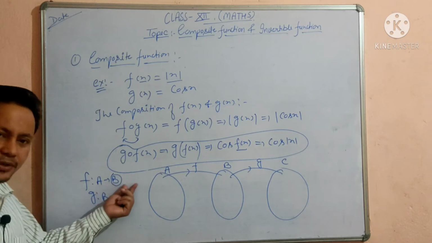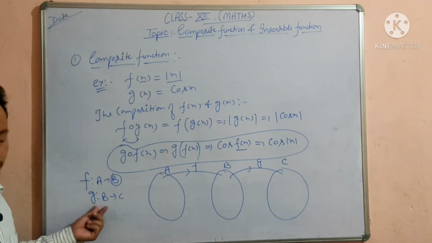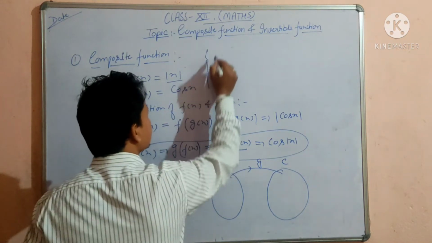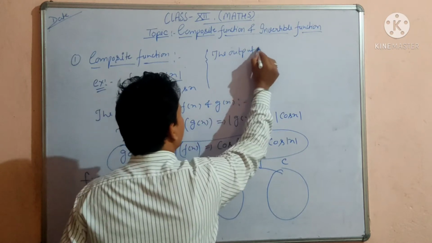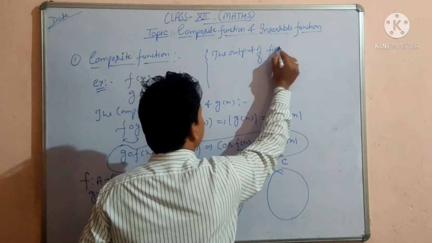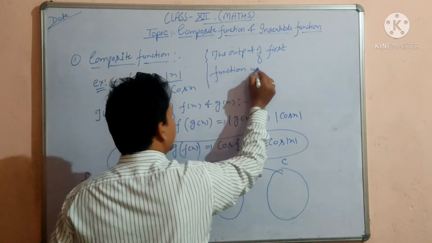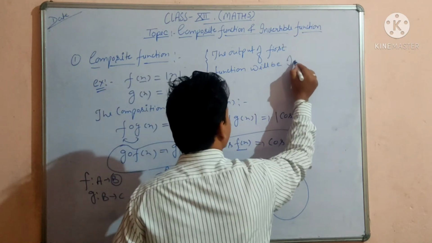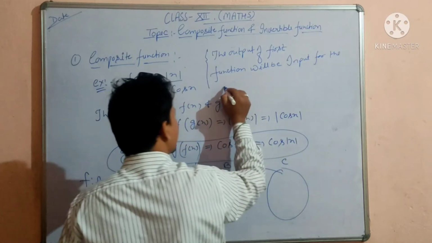The codomain of the first function will work as the domain for the second one. It should be equal. Means the output of first function will be input for the second function.